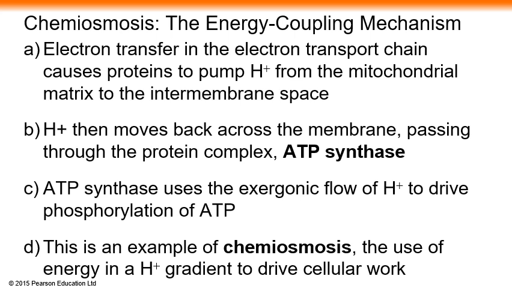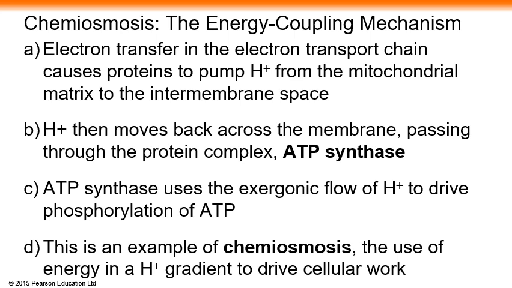When it oxidizes after giving up an electron, sometimes it loses the electron to the next carrier, and sometimes it loses an H plus ion, a proton, to the environment.